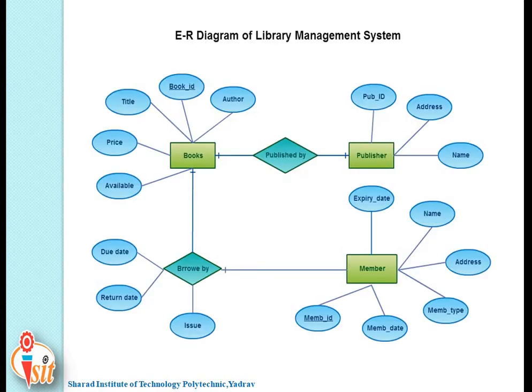Let's start with the first ER diagram, of the library management system. Here you can see how to draw an ER diagram of a library management system. The figure shows the entity relationship diagram which represents the model of the library management system.